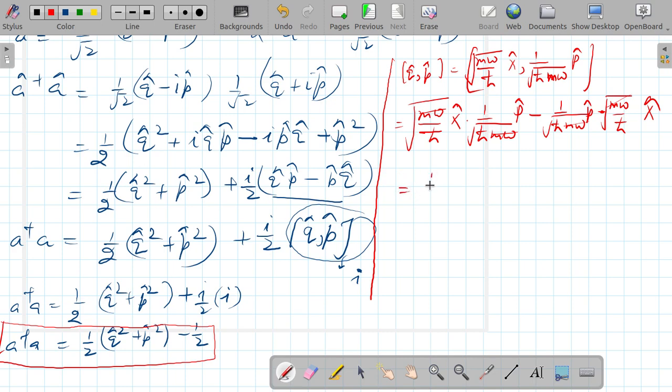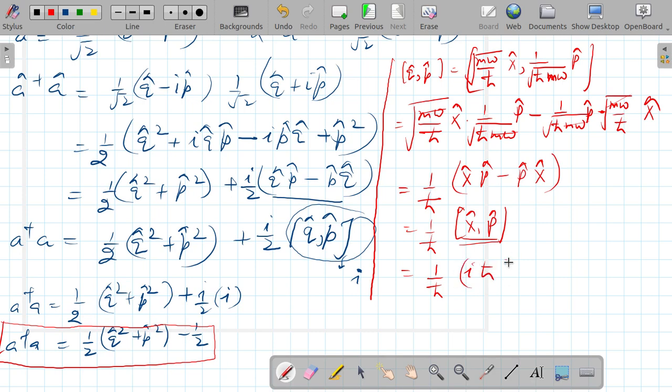So it means it is 1 by h cross, it can be taken outside, and inside it is xp minus px, and it is 1 by h cross, it is xp commutator. So the value of this commutator is equal to iota h cross. So this h cross will cancel out, so that's why its value will be equal to iota. That's what I have proved.